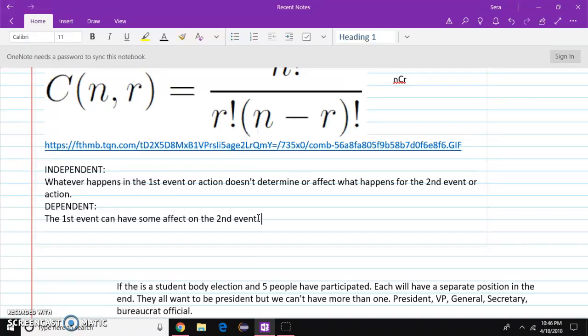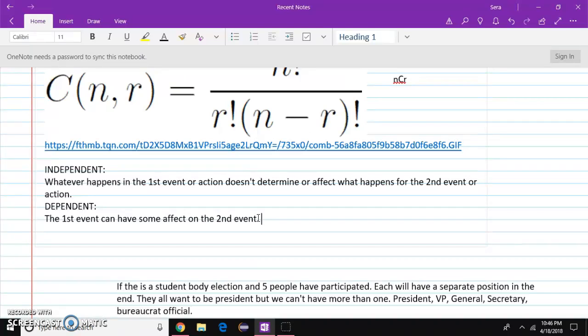But a dependent event would be like saying, I have a large group of marbles. Some are red, some are blue, and some are green. If I take one marble and don't put it back in, that's a dependent event. Let's say you took one green marble out and didn't put it back.